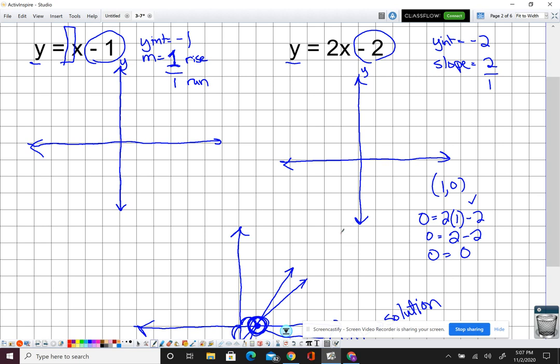Let's go to the first equation: y minus x equals negative 1. We plug in 0 for y and 1 for x. 0 minus 1 is negative 1. So it works for both of them, and this is our solution. It's where those two graphs crossed.